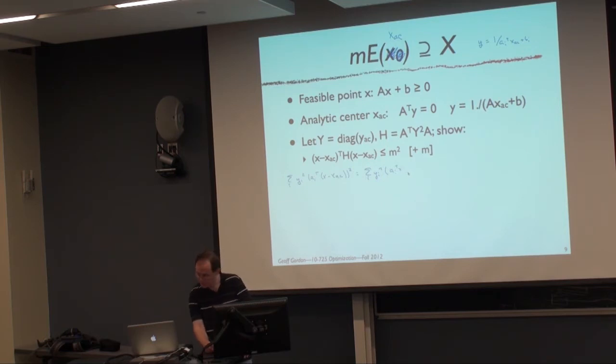So we'll get ai transpose xac is 1 over yi minus bi. So it's ai transpose x plus bi minus 1 over yi, squared.